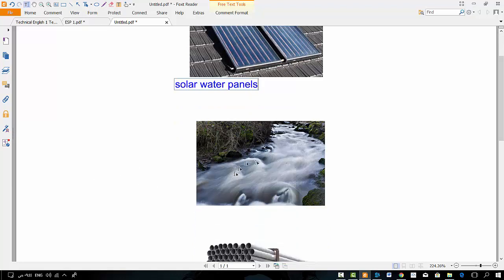What do you see in this picture? Water is moving. Water is flowing. Water flows from high places to low places. Water flows from here to here.